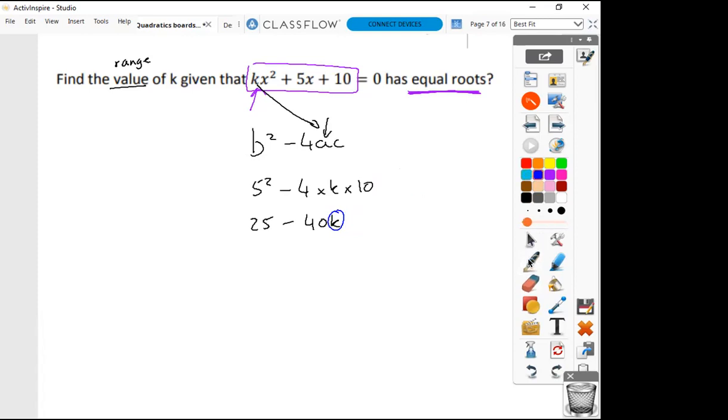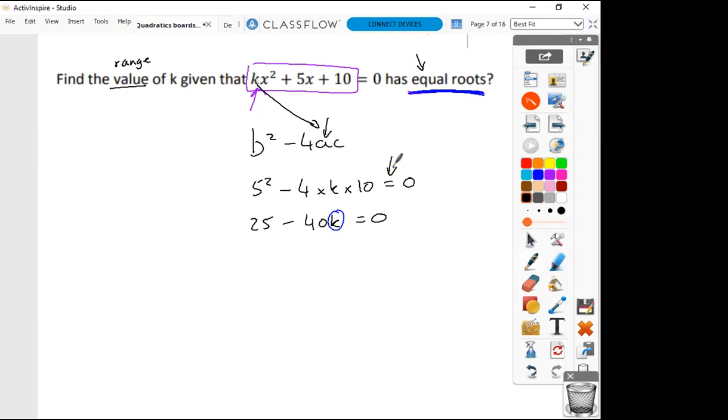How do I know what I'm equating this to? This part here has equal roots. That's why I knew I have to put it equal to 0. If that said I had 2 real and distinct roots, then I would know that it would have to be greater than 0.